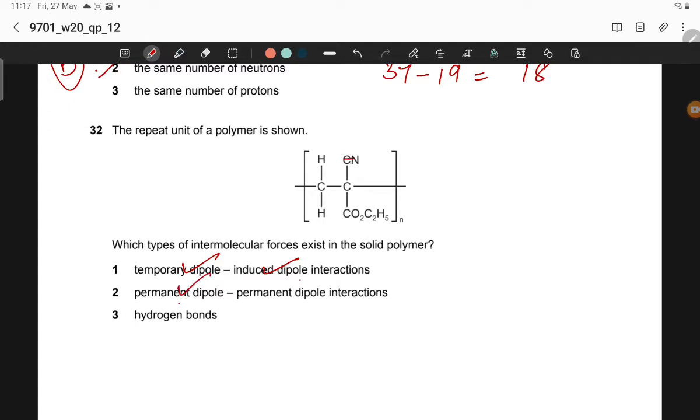The C-N bond is there, an electronegative element, so permanent dipole interactions are also present. Hydrogen bonds are absent, so statements 1 and 2 are correct. The option is B.